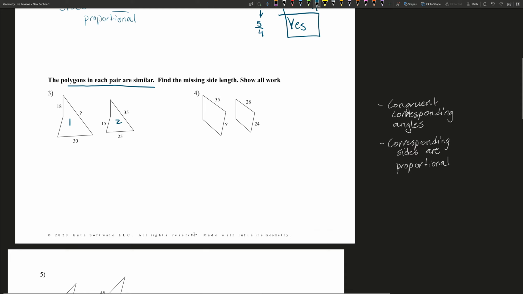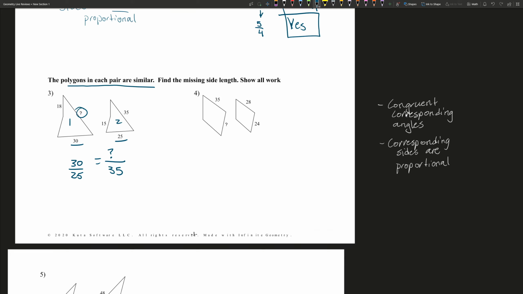So then we just need to find the missing side. Really you only need 2 sides for this. So I'm going to set up 30, which corresponds to 25, equal to our missing side over 35. And we have to find this missing side.